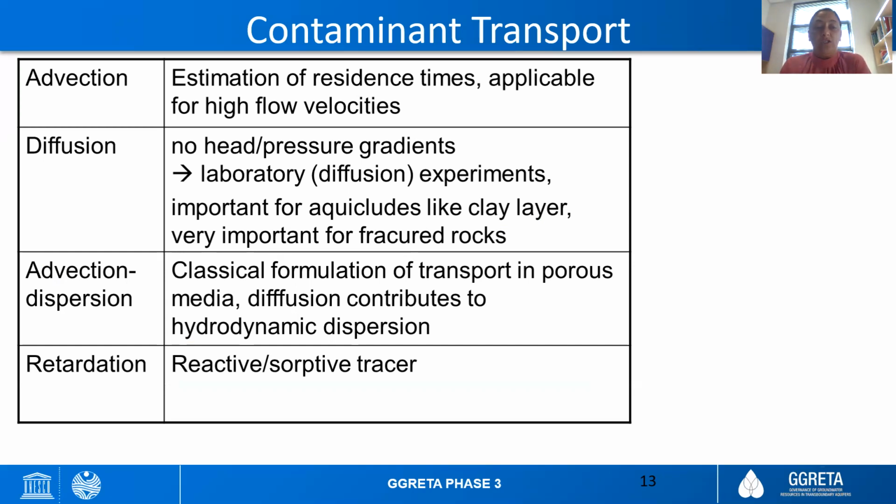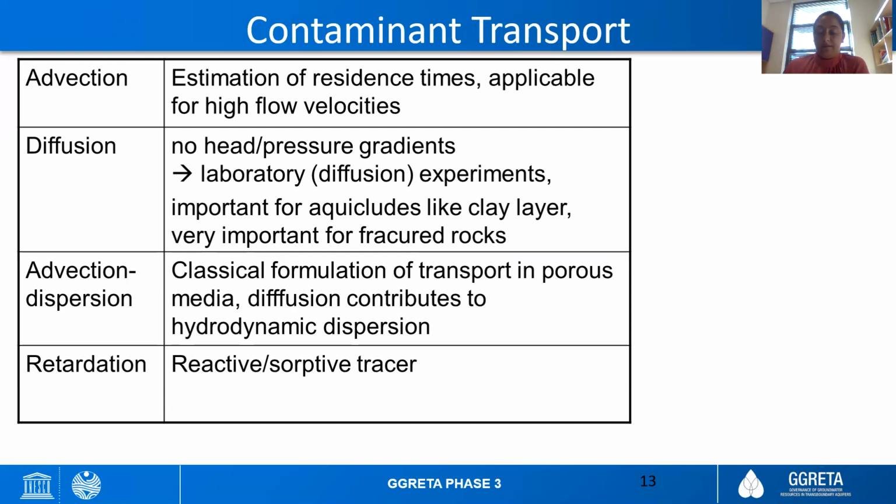Then we have advection dispersion, which is a combination of movement at the flow rate as well as hydrodynamic dispersion. Retardation, here we are talking about those parameters or those chemical compounds that are likely to be sorbed onto your soil surfaces. These are likely to slow down the movement if it's part of a plume.